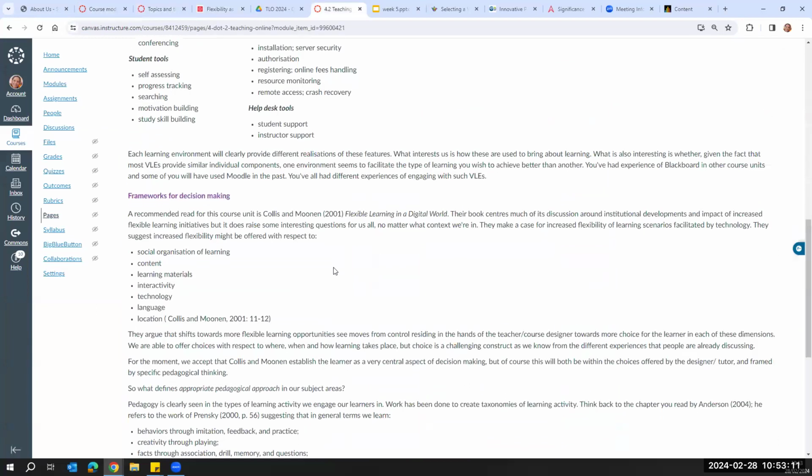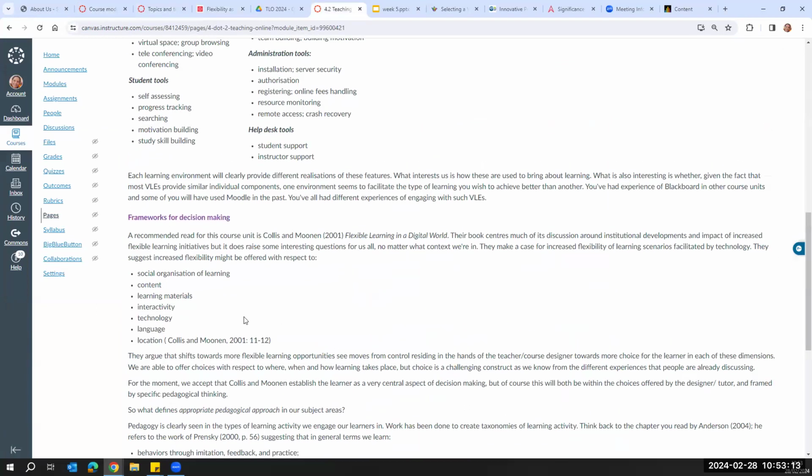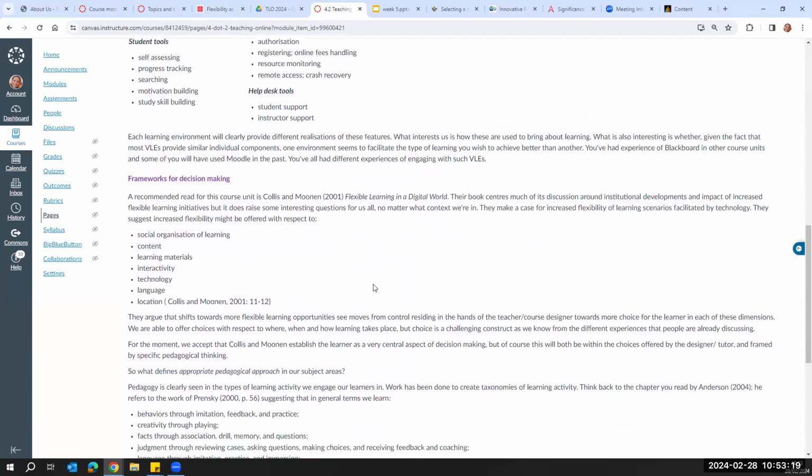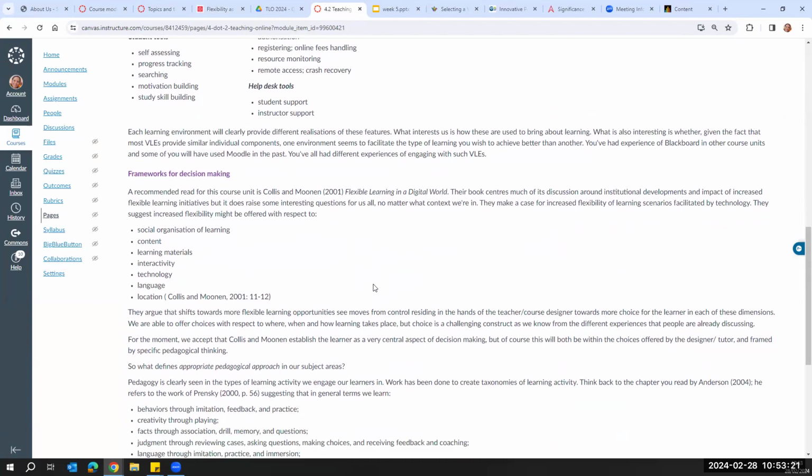Where were we? We're here. So yes, that is a book that's essentially what they're talking about. Is your course providing flexibility? What kind of flexibility? And think about whether this flexibility is offering socialization, social organization as well, content, learning materials, interactivity.